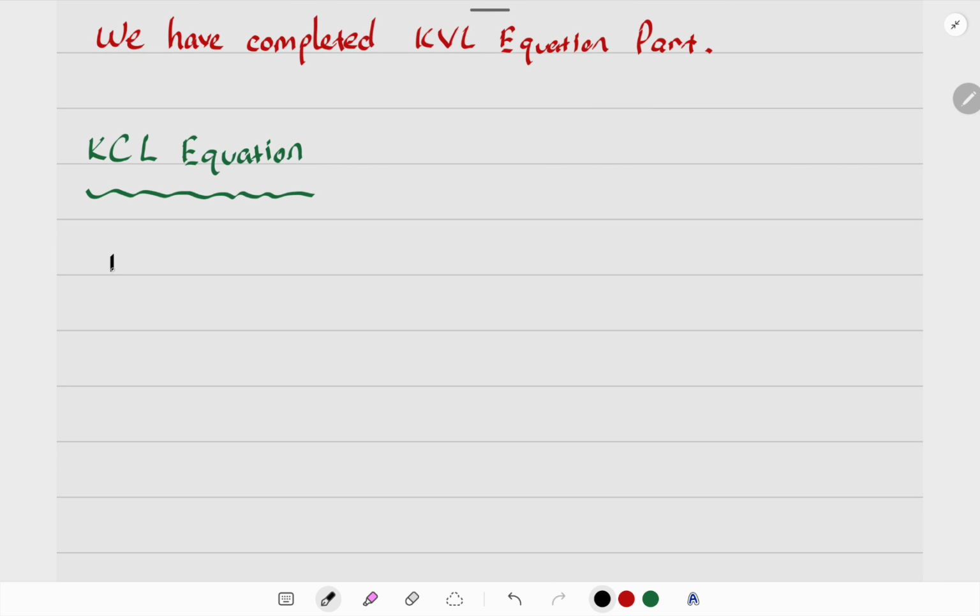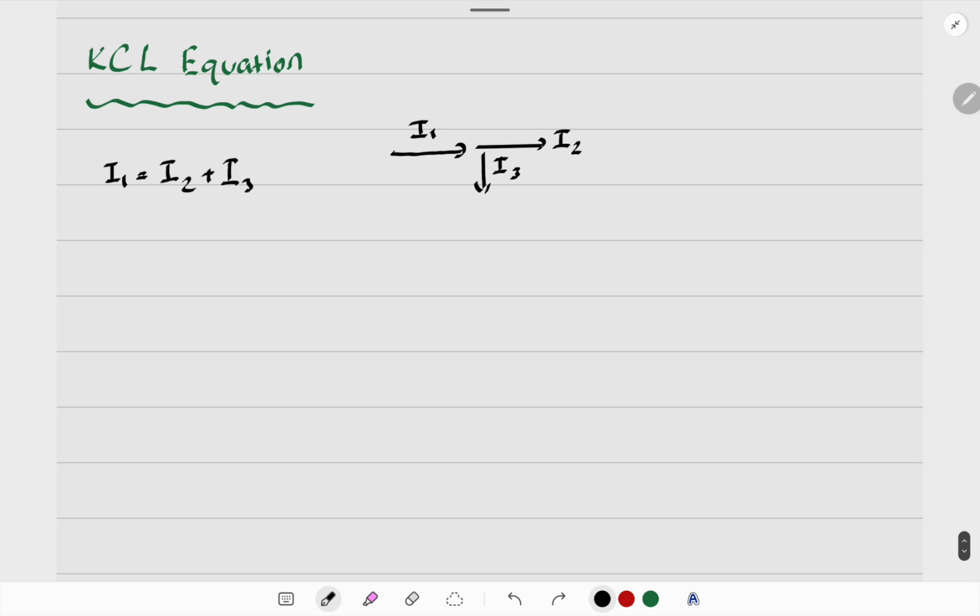Let's say I1 equals I2 plus I3. Why? Because I1 takes different paths between I2 and I3, and I1 is the sum of these two routes. See? Alright, let's go on.